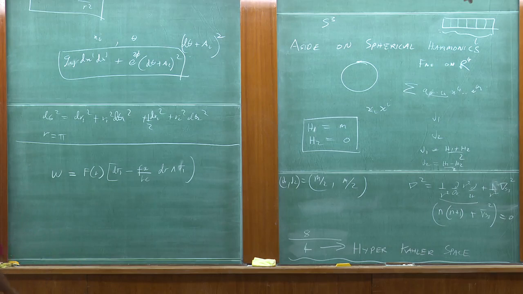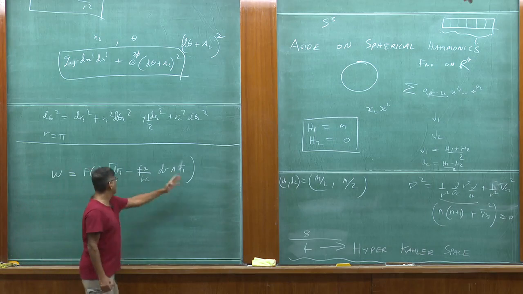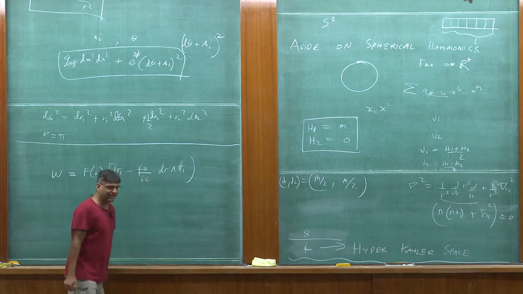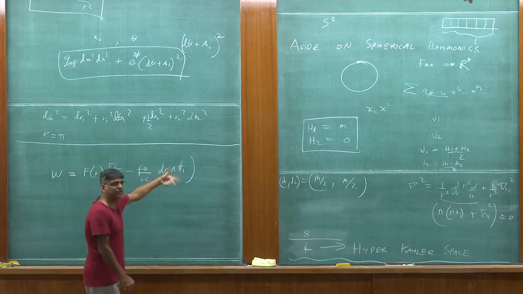This is capital F of R times these things that appeared in the metric. Having all these here was needed for it to be self-dual.